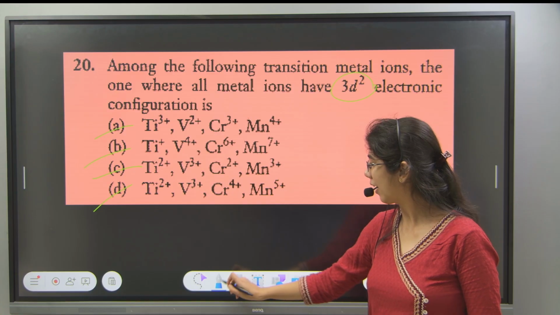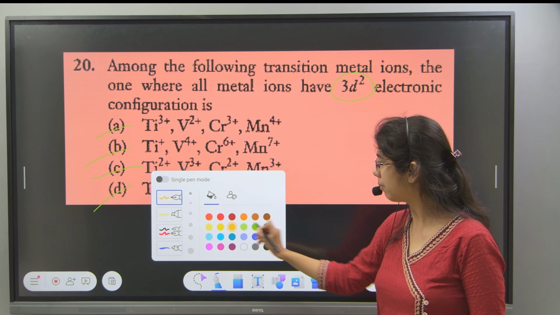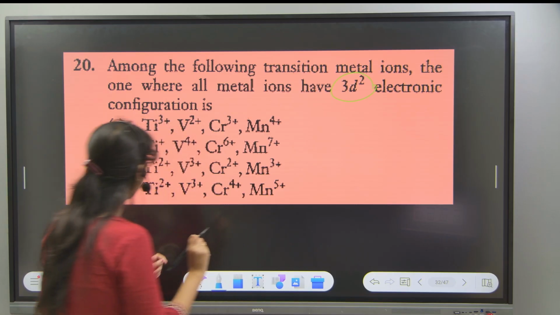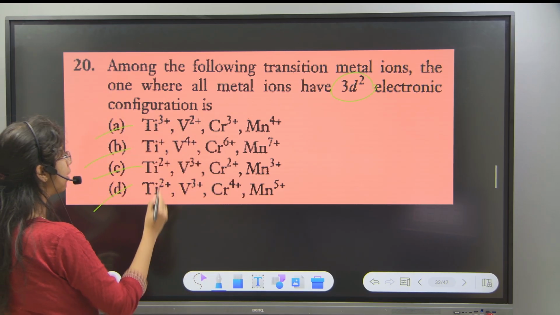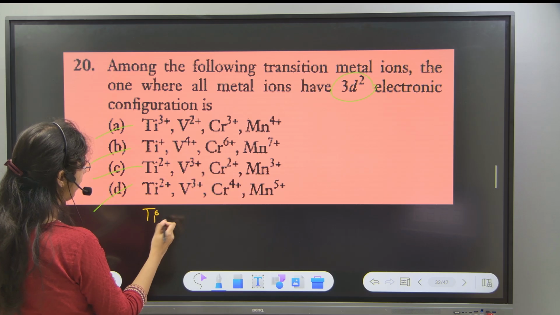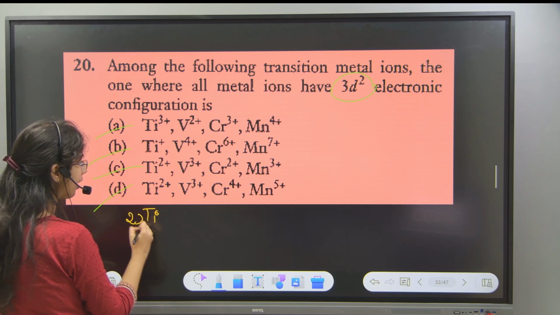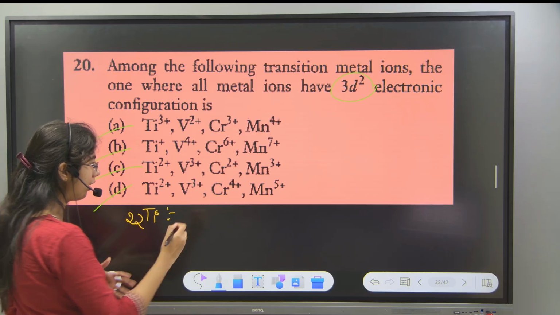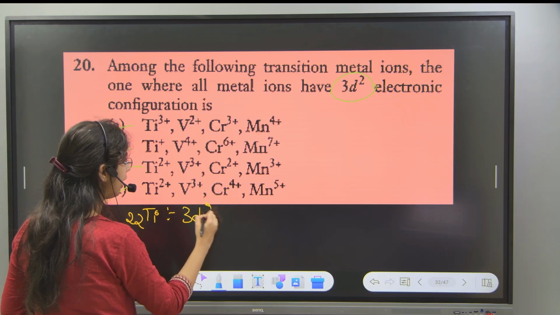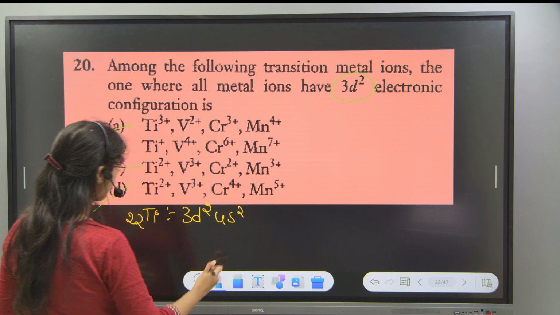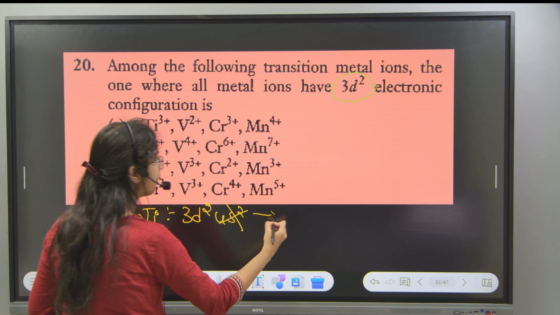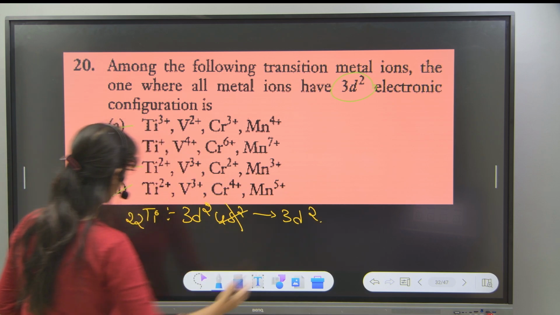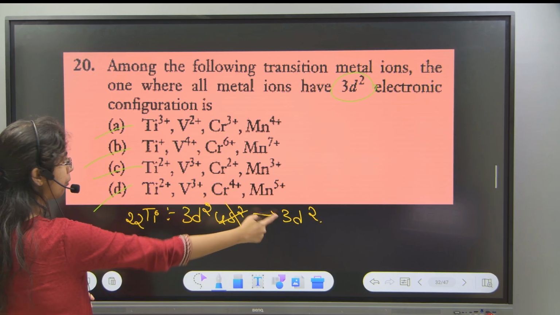We have very few minutes remaining, so I'll just discuss this very quickly. Titanium 2 plus, titanium is 22. I'll not write argon and all. We should know this: 3d2 4s2. If I remove 2 electrons, I end up getting 3d2. So this is titanium 2 plus.